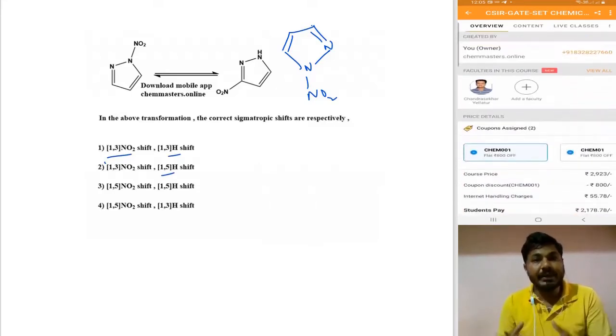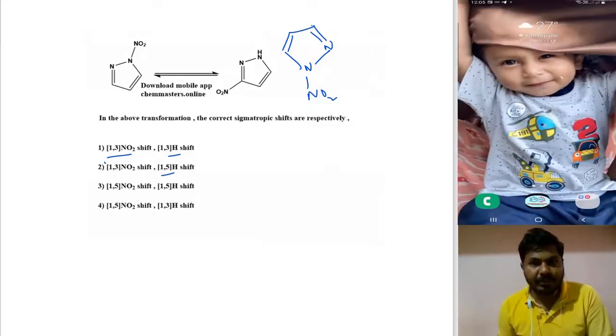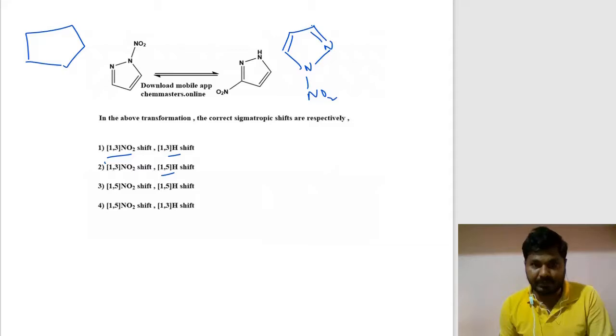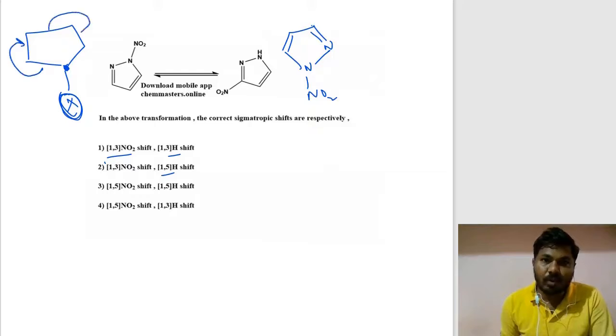So what are they and how can you say it is 1,3, 1,5, 1,7? So simply just remember that, for example, if we take a 5-membered ring and there is a shift of a group or atom, just say X. So if the shifting of this atom or group takes place through the concerted mechanism, through the delocalization of electrons from all of these atoms onto this.